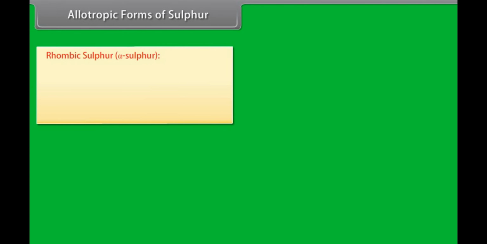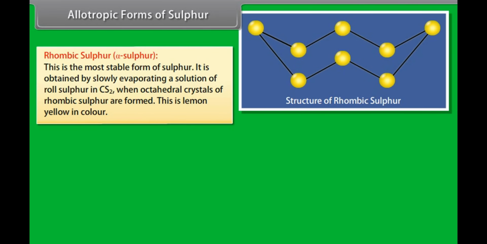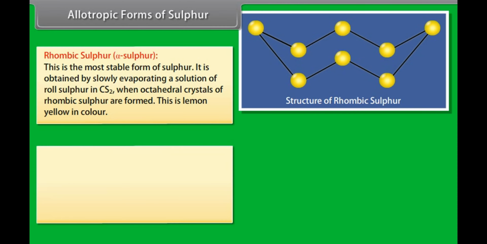Allotropic forms of sulfur. Rhombic sulfur. This is the most stable form of sulfur. It is obtained by slowly evaporating a solution of rolled sulfur in CS2, when octahedral crystals of rhombic sulfur are formed. This is lemon yellow in color. Monoclinic sulfur.